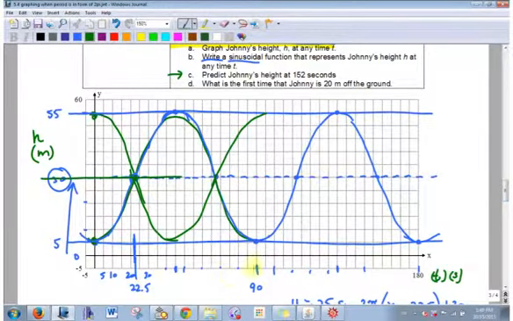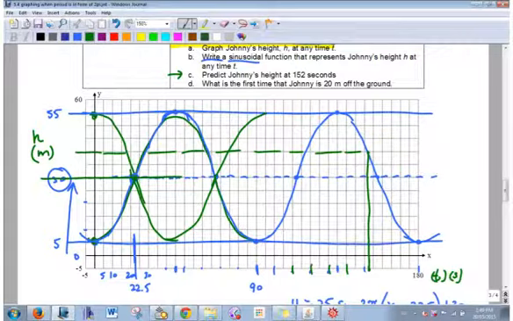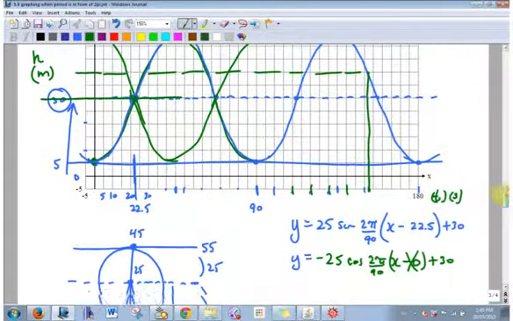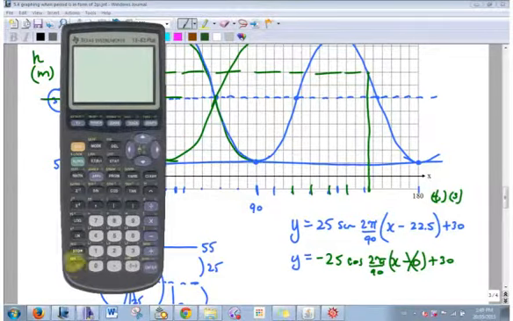At 152 seconds, where's that? 100, 110, 120, 130, 140. About there. Any guesses as to what his height is? How could we be exact? Oh, you got technology?